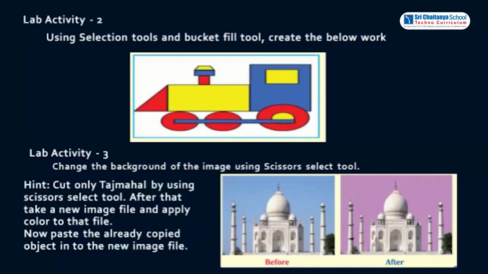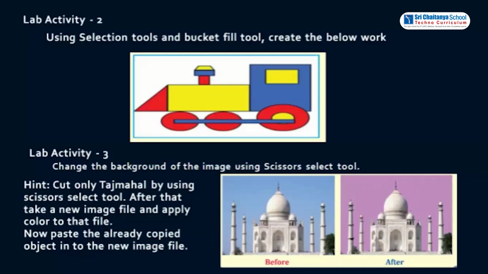I have a Taj Mahal which has a blue background in its original photo. But now what I have to do is change the background color of it to pink color, or you can even call it as I need to invert the background to my pink color. So how can I do this?